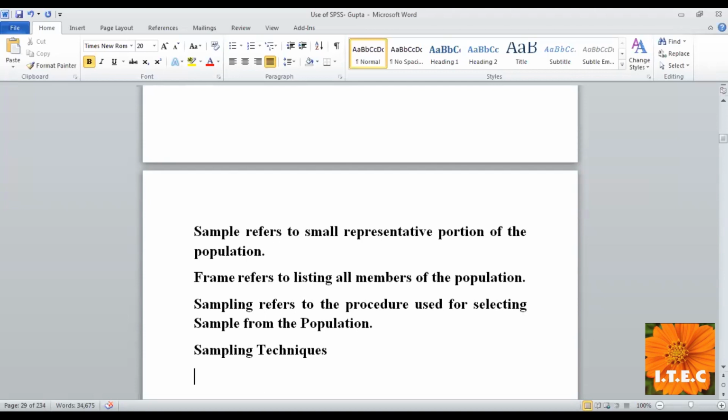Do you have any idea that sampling techniques are classified into how many? Can you name that? Yes, you are right. One is the probability sampling, and another is called non-probability sampling technique.